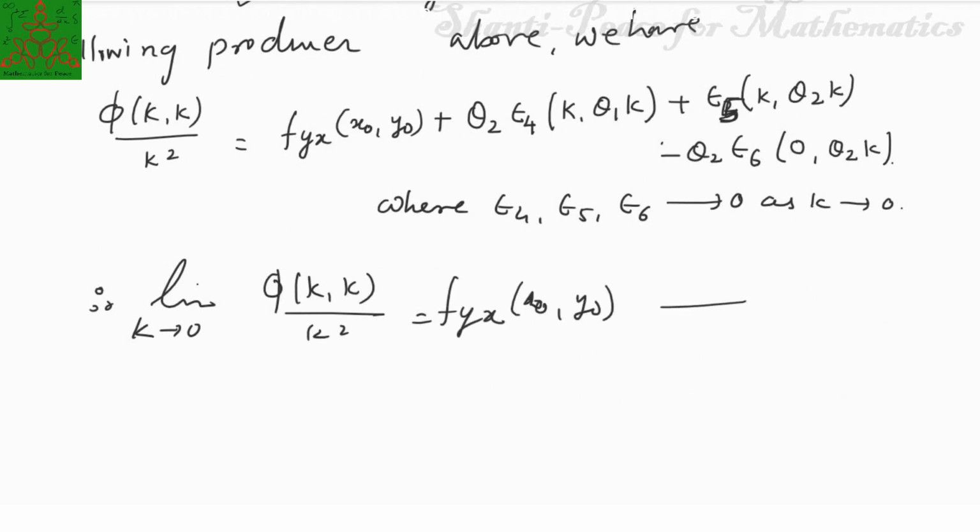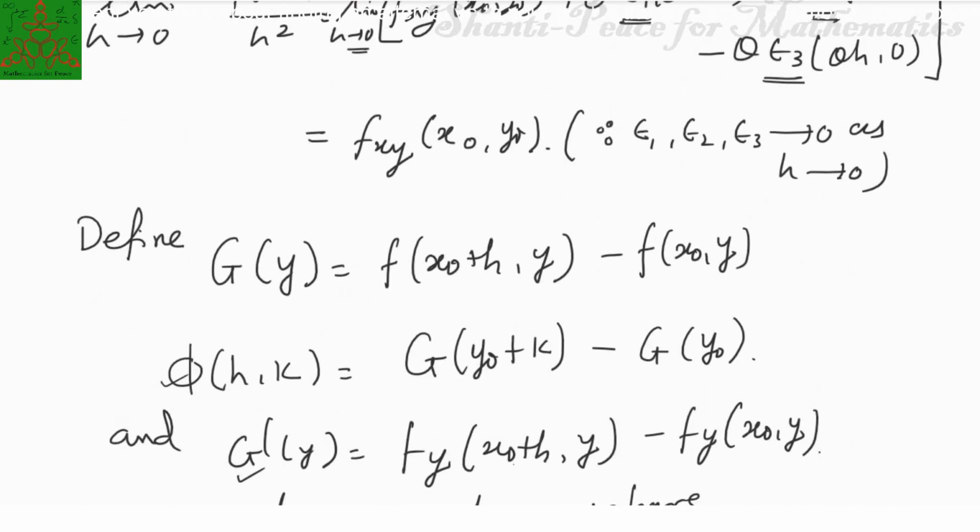If I call this equation double star, and this equation star, on this side we'll have limit h tends to 0, phi of h upon h square. You know that h is a dummy variable.